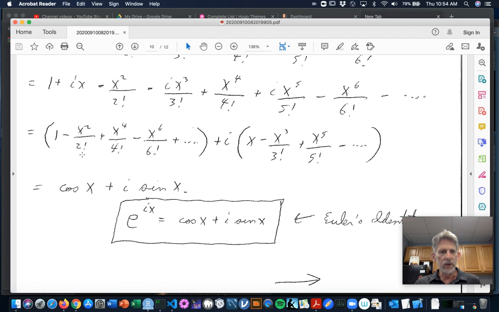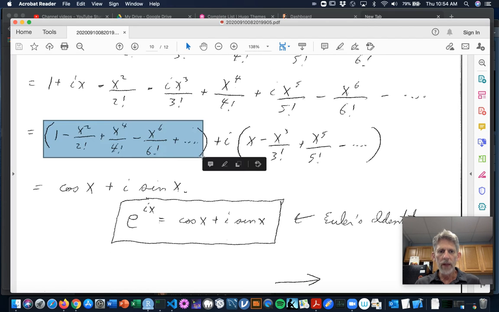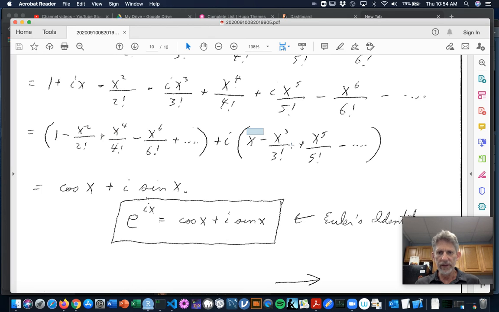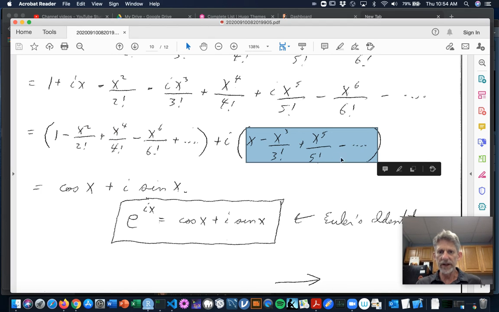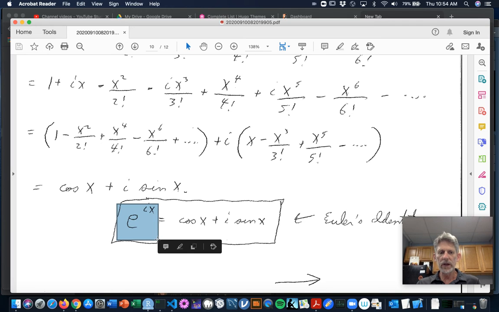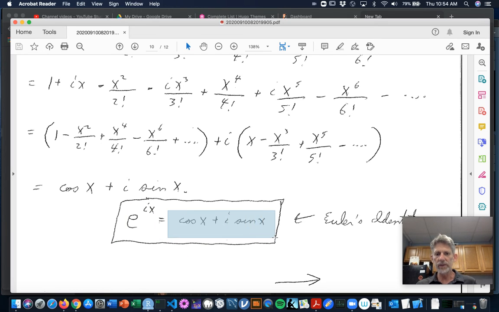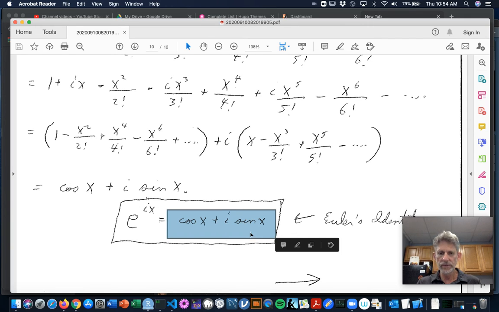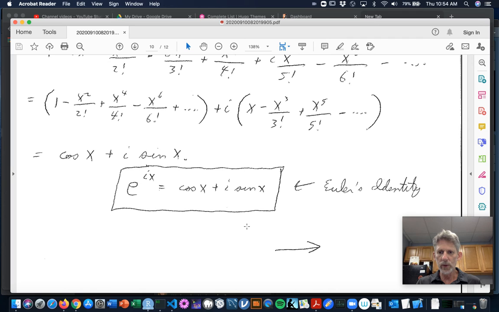And when I stare at that a little bit, I realize, whoa, that is the Maclaurin series for cosine of x. And this is the Maclaurin series for sine of x. So all along, e to an imaginary number, ix, is actually cosine x plus i times sine x. That's what complex number it is. And that's called Euler's identity.